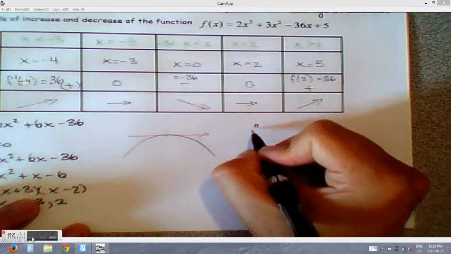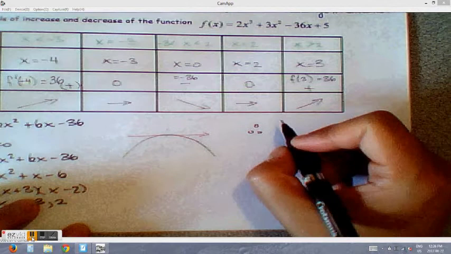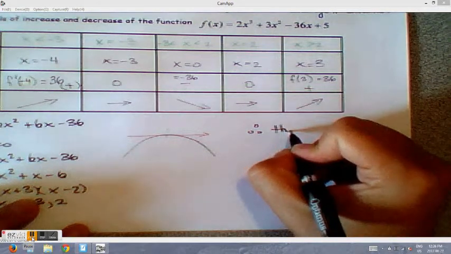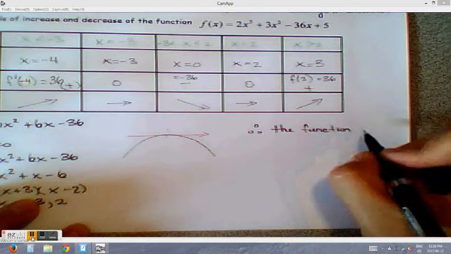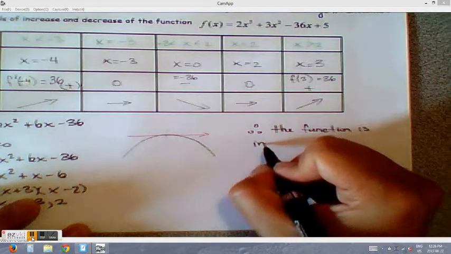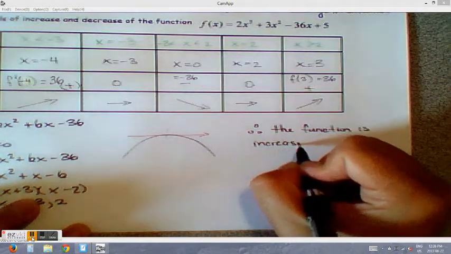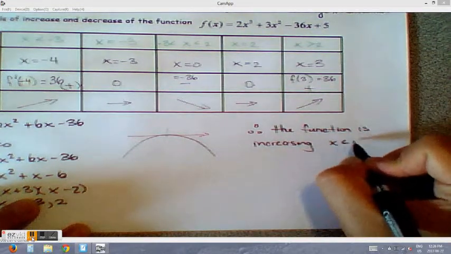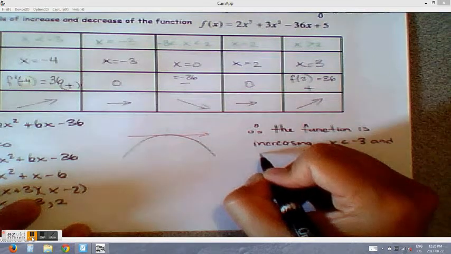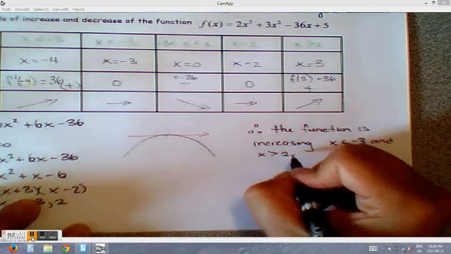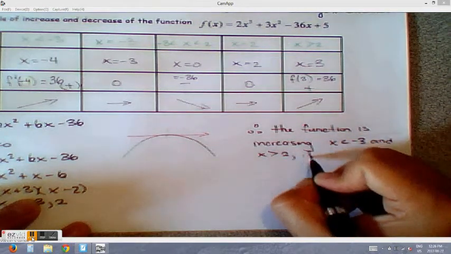Okay, so for completeness, therefore, the function is increasing when x is smaller than -3 and x is greater than 2, decreasing in between.